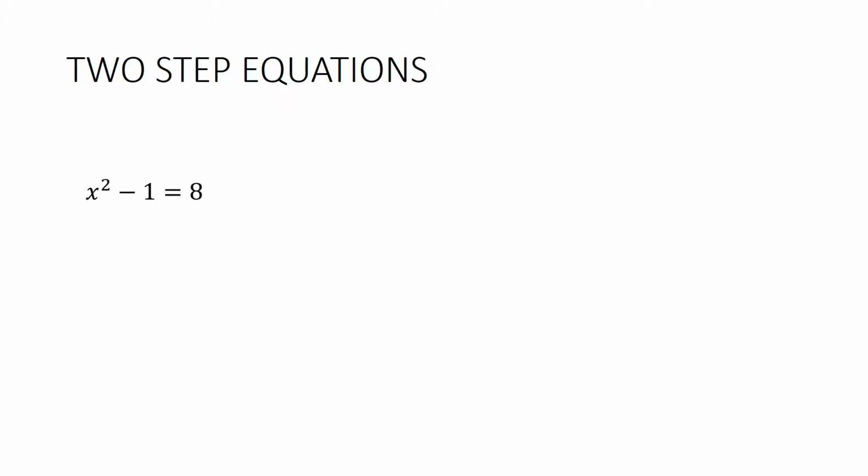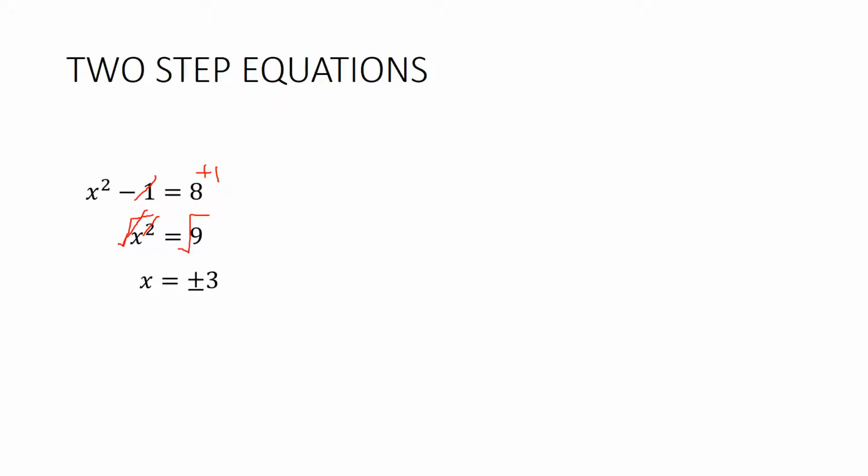When we get squareds, it's going to work very similarly. In this case, I'm going to move this 1, comes over as a +1. x squared is equal to 9. There's a bit of a trick when you're doing the square root though. So here I'm doing the square root of both sides because the opposite of square is square root, so it undoes it.